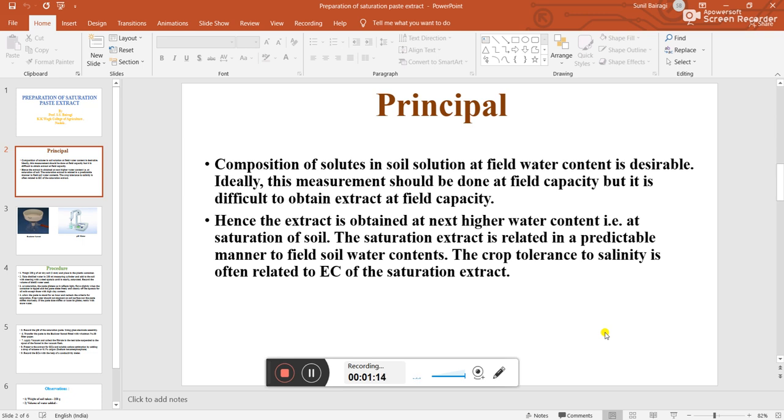So this saturation extract helps in the prediction of the soil water contents or the different contents of the soil. The crop tolerance to salinity is often related to EC of the saturation extract.